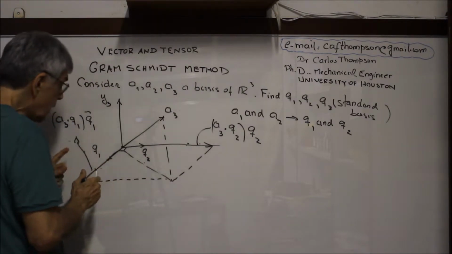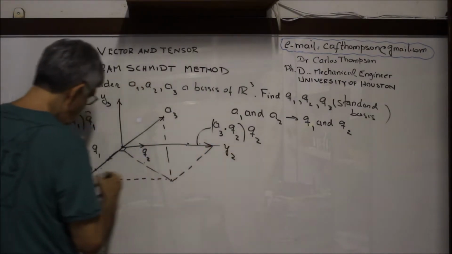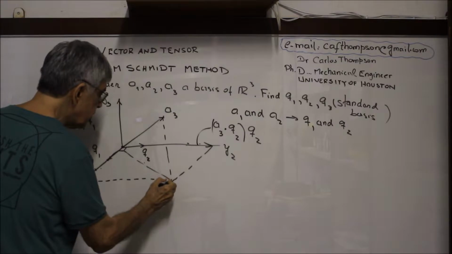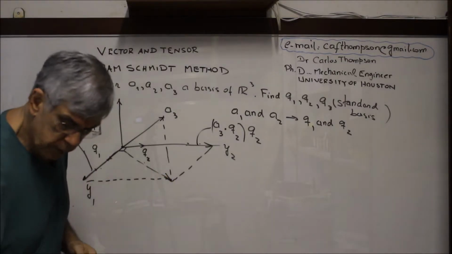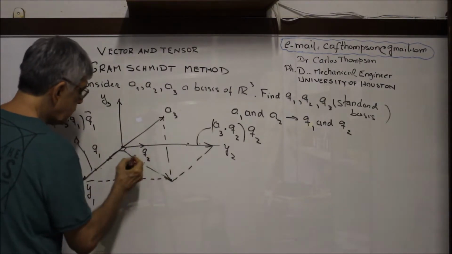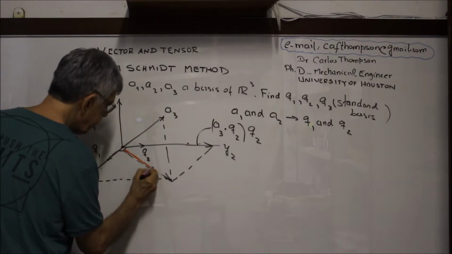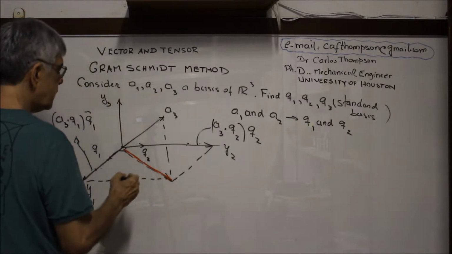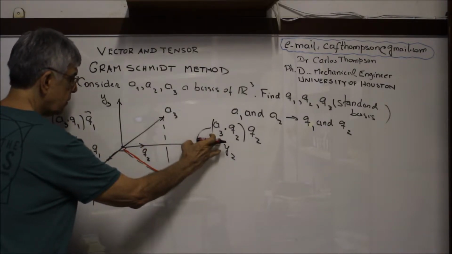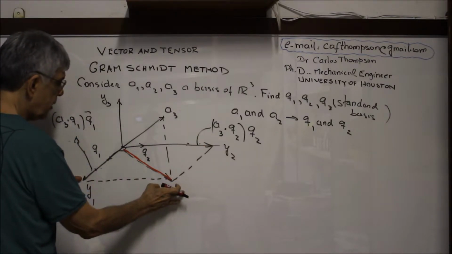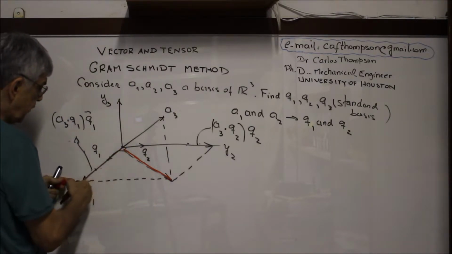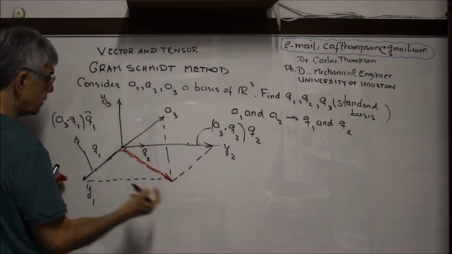Now, look at the plane Y1, Y2. You see this vector here, which is in Y1, Y2. This vector is the sum of this vector here plus this vector. That's the resultant. Now you can see it like this. For instance, this vector plus this vector is the resultant.